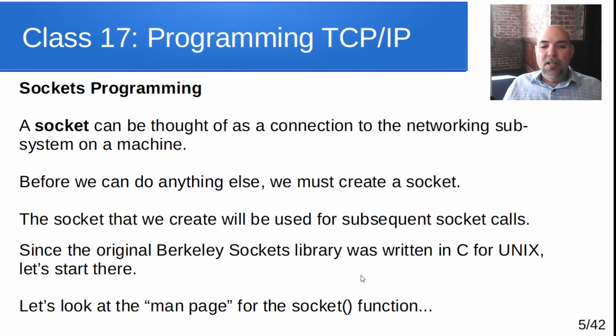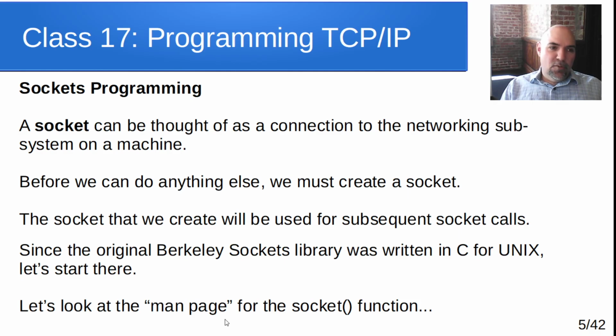Now, the original Berkeley sockets was written in C for Unix, so that's where we're going to start. We're going to look at what are called the manual pages or man pages for the different functions. If you have an installed Linux distribution or any other Unix distribution, chances are it comes with the man pages, and those have the API reference built in.